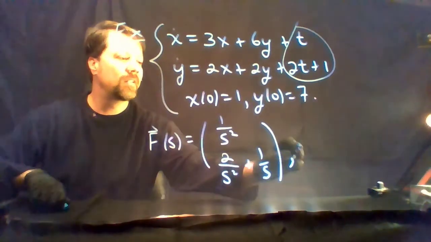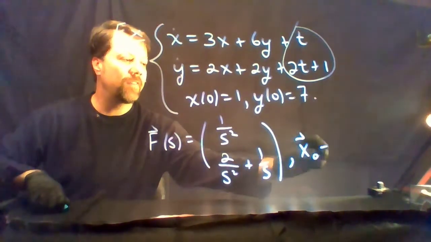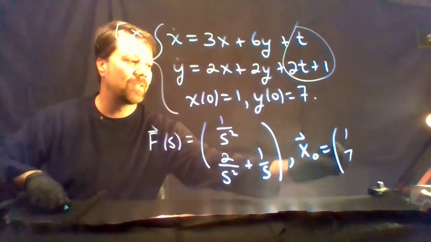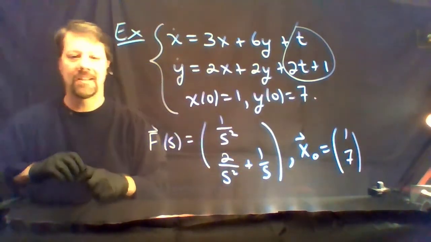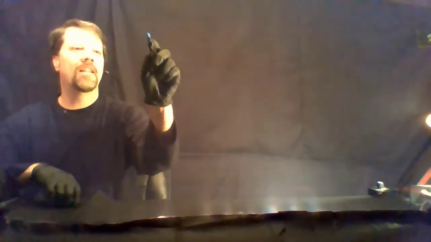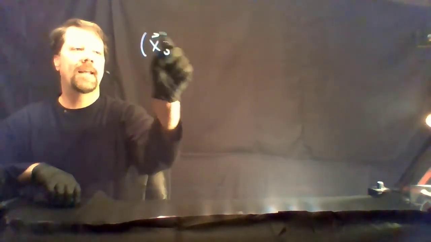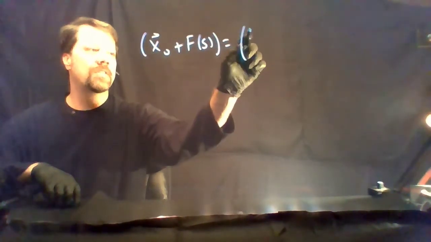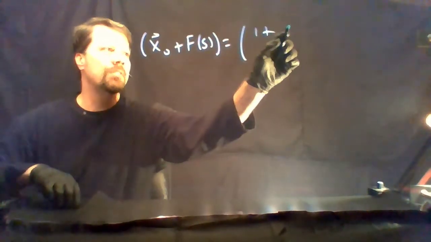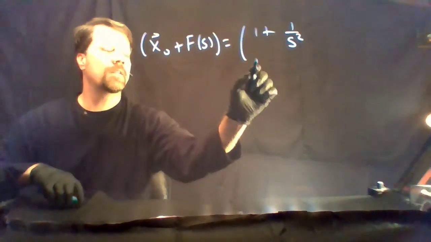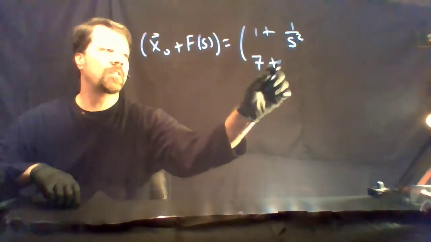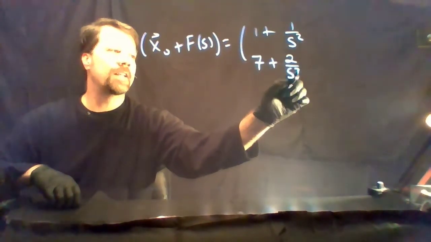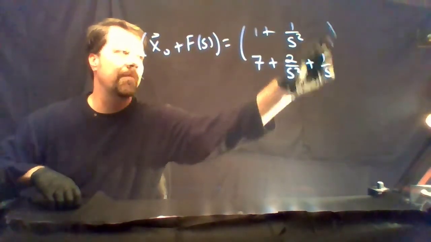Also, the vector x naught is 1, 7. It follows then that x naught plus F of s is 1 plus 1 over s squared, 7 plus 2 over s squared plus 1 over s.